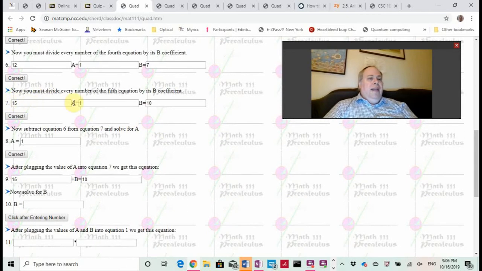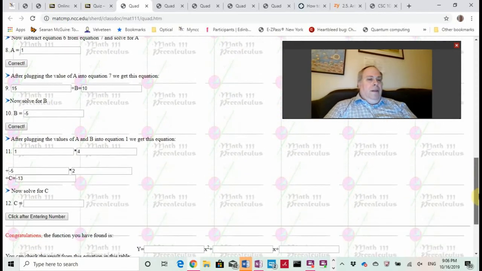So 15 times 1 is 15, plus 1b, equals 10. Let's solve for b. We subtract 15 from both sides, and we get b is minus 5. That's also right.